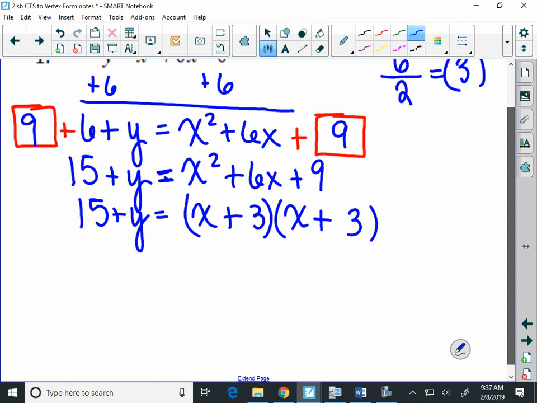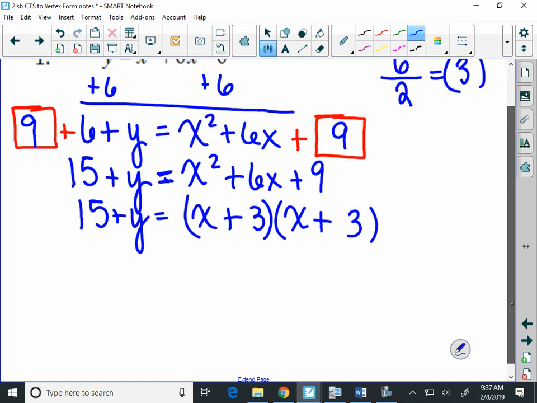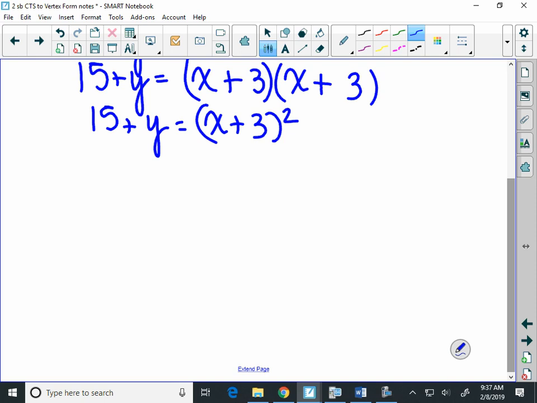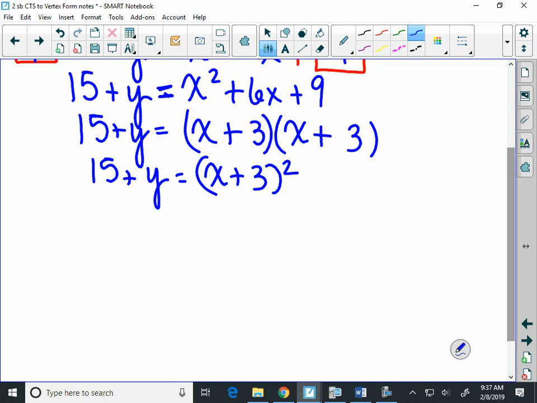There's our step 4, we factored. I'm going to condense now, so still in step 4, we have 15 plus y equals x plus 3 squared. And our last step is to solve for y. Let's subtract 15 from both sides.